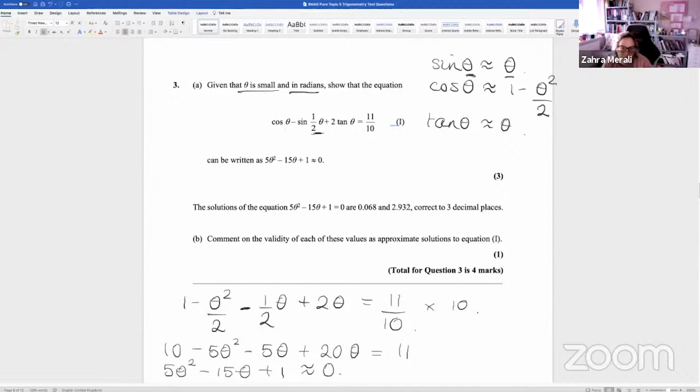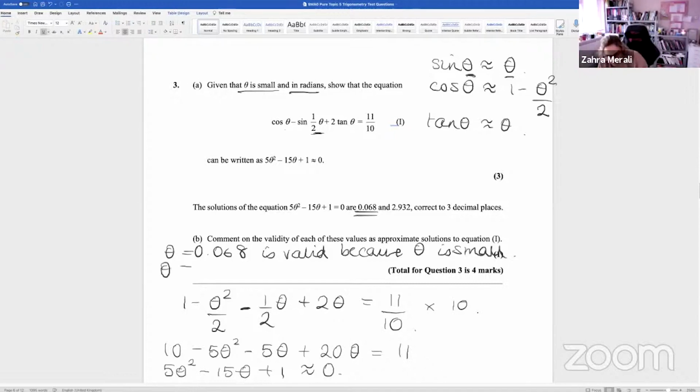The solutions of the equation are 0.068 and 2.932, correct to 3 decimal places. Comment on the validity. So you're going to say this one is valid. Theta equals 0.068 is valid because remember, it's got to be valid when theta is small.